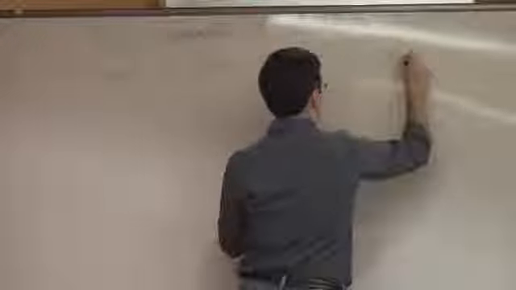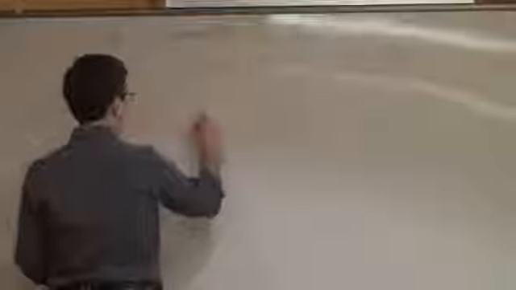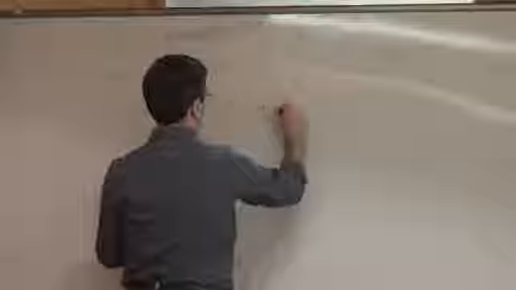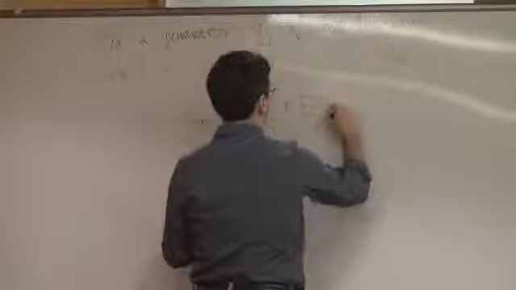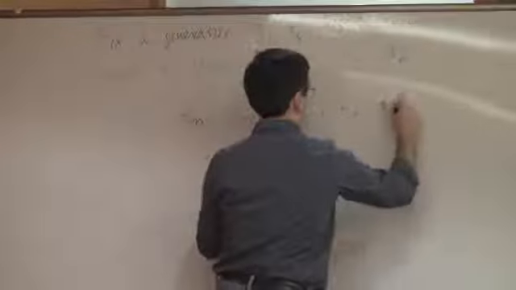and a generator zeta of mu_n. Okay, then you have this Weil pairing. Now it's known that this is alternating.